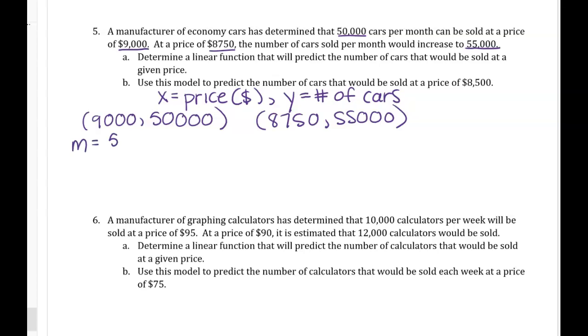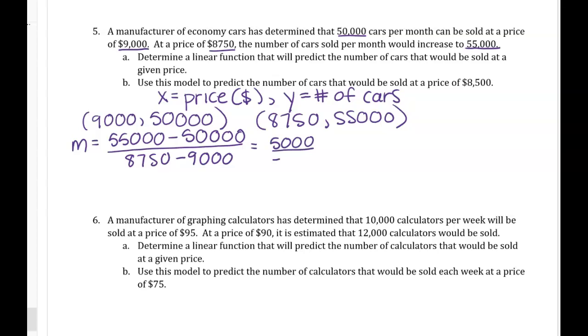It would be 55,000 minus 50,000 over 8,750 minus 9,000, which is 5,000 over negative 250, which is negative 20. Since it's a slope, it's over 1.